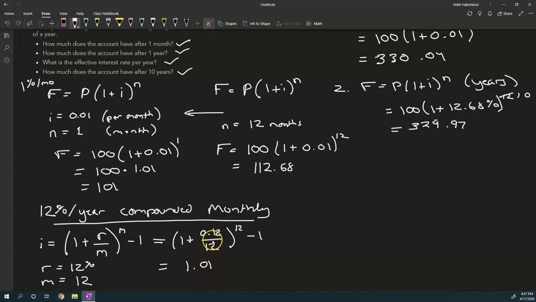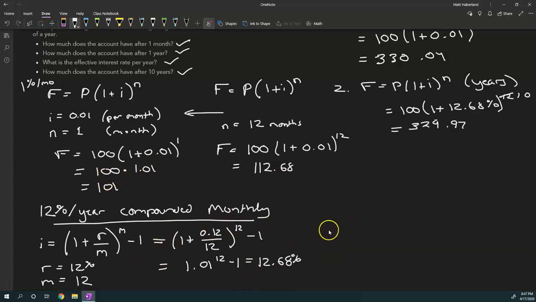This becomes 1.01 to the 12 minus 1, and that turns out to be 12.68%.